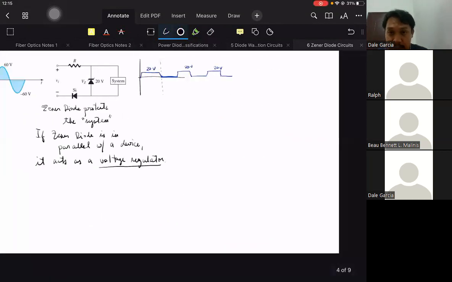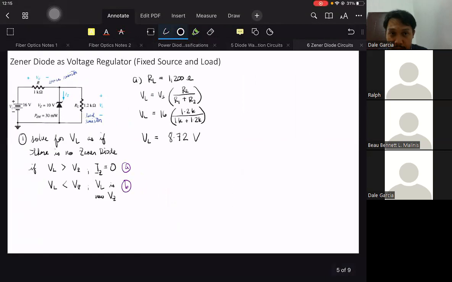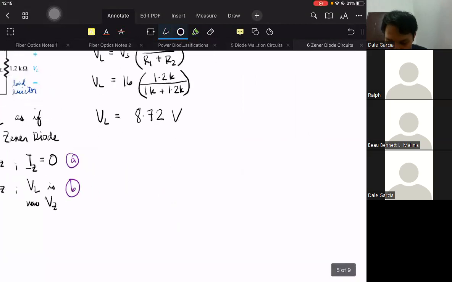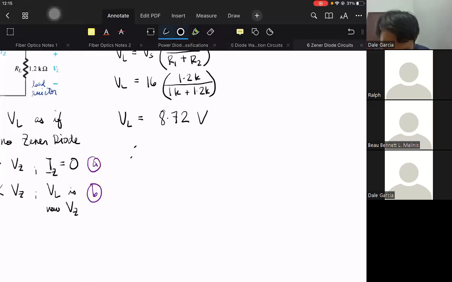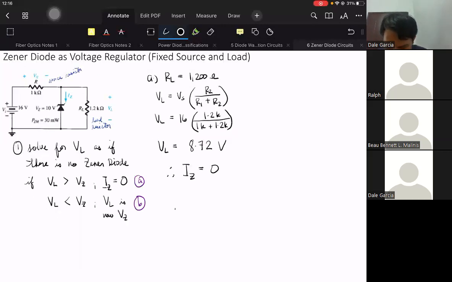The Zener diode does not protect our 1.2K load. So we conclude directly: IZ is equal to 0. It's as if our circuit is just a regular voltage divider circuit. No protective device exists.